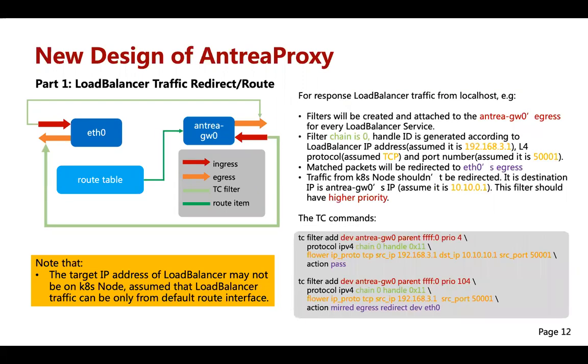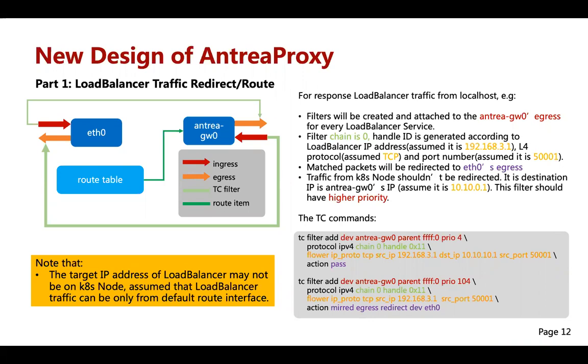Okay, next for response traffic. For response traffic, it has two directions. One is for entry gateway, where the request is from a Kubernetes node, and the one for the default route interface is where the request traffic is from a remote client.